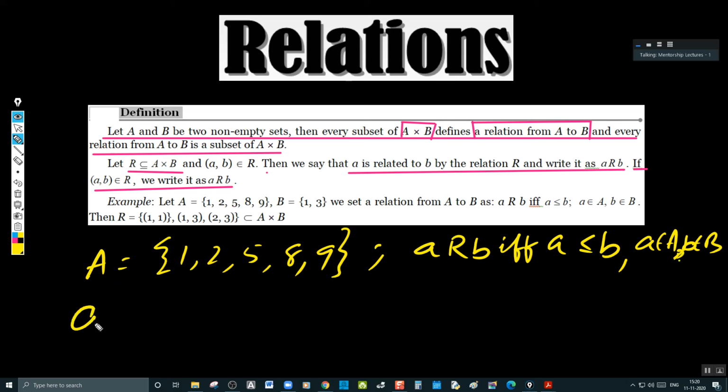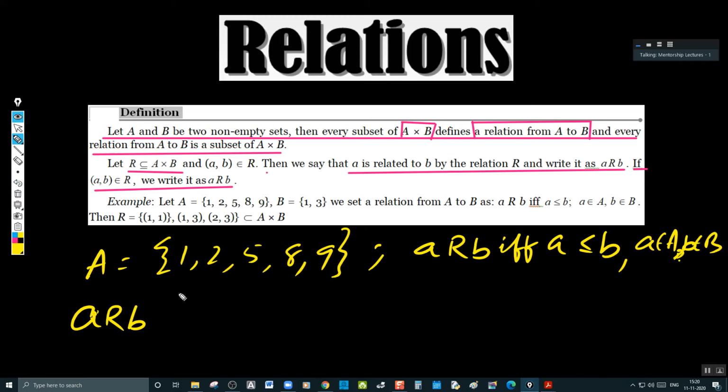Now, I'll be writing this aRb like this. aRb means a is related to b in such a way that a is less than or equal to b. That's what you have to understand.